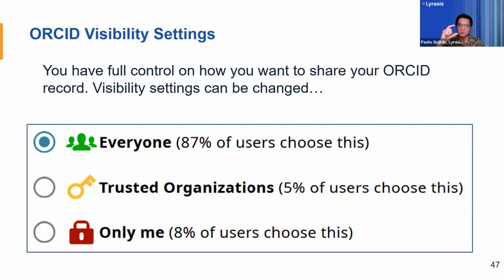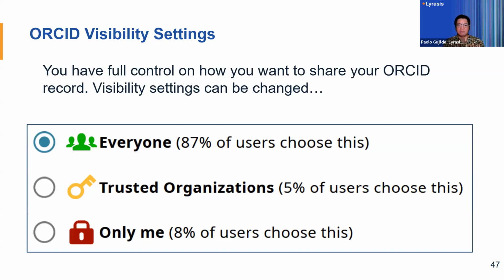For example, I just want this part of my employment. If I say Northwestern University and I want to control the visibility of that portion, I can do that. And there are three ways that you can control that visibility.